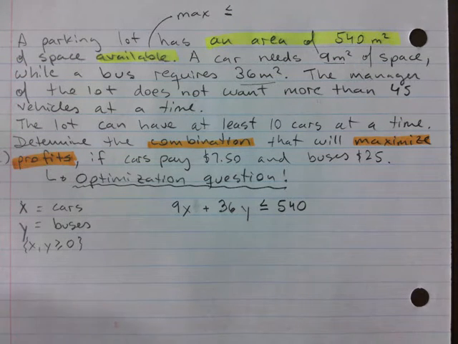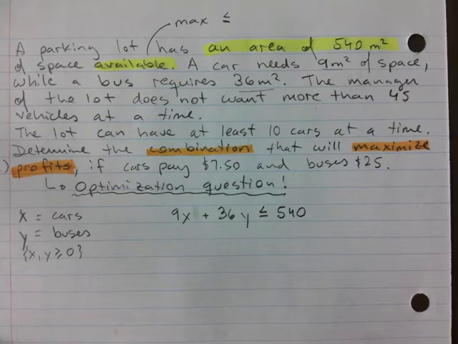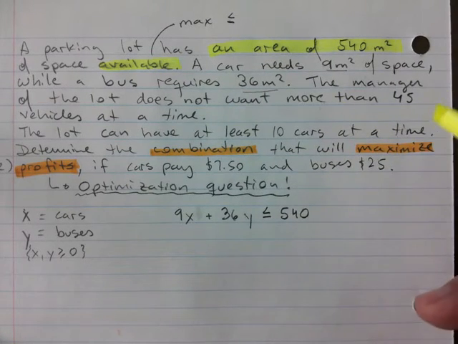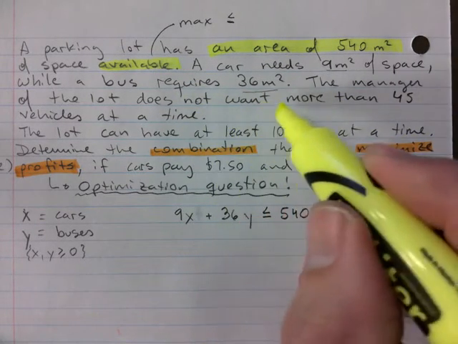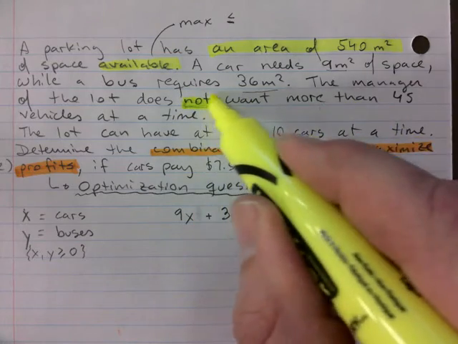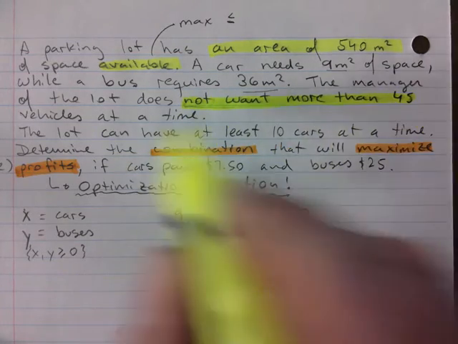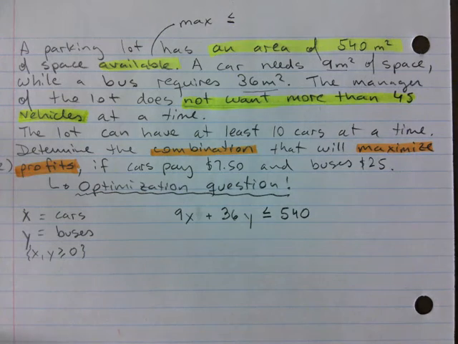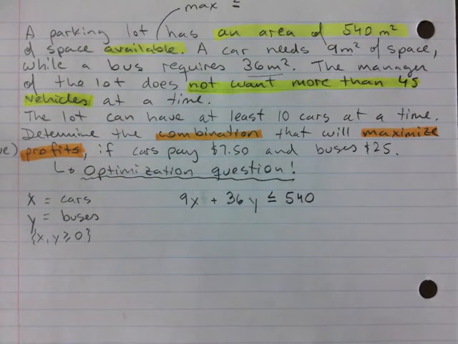And then what's next? I'm reading, and it says something does not want more, right? Not more than 45 vehicles. How would you write that? Anyone?